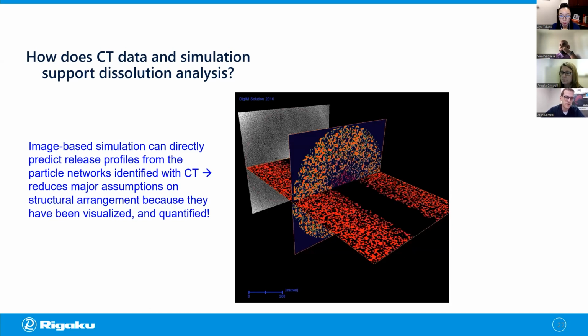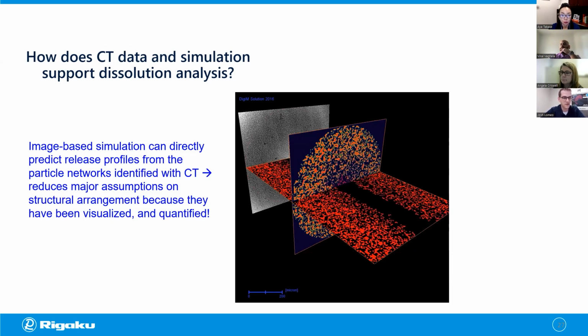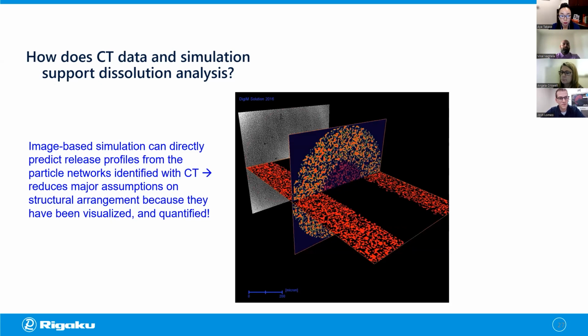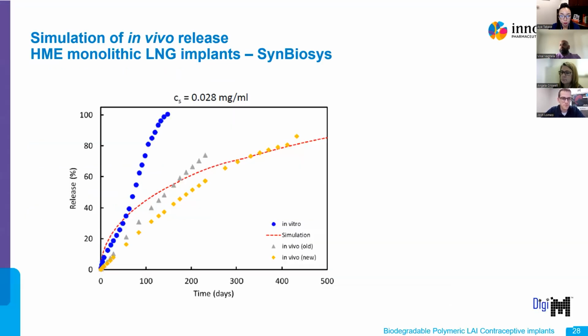And this is really powerful because we're, at this point, reducing as much as we can any assumptions on what those structures are looking like, because we've actually visualized and quantified those particle networks across the device. And this has been quite powerful in the controlled release and long-acting space for our clients.